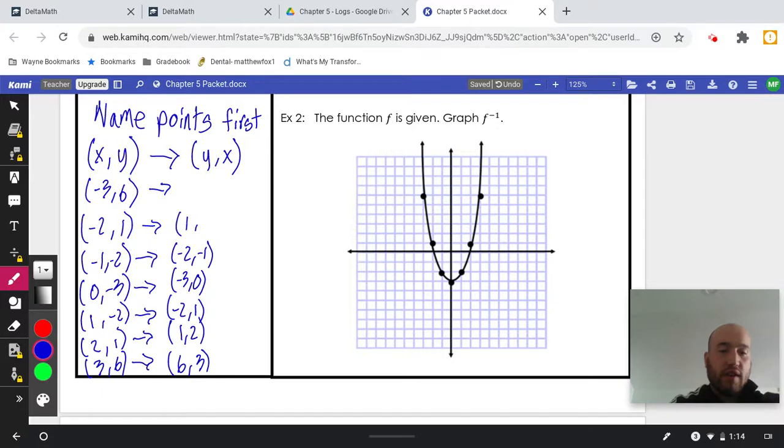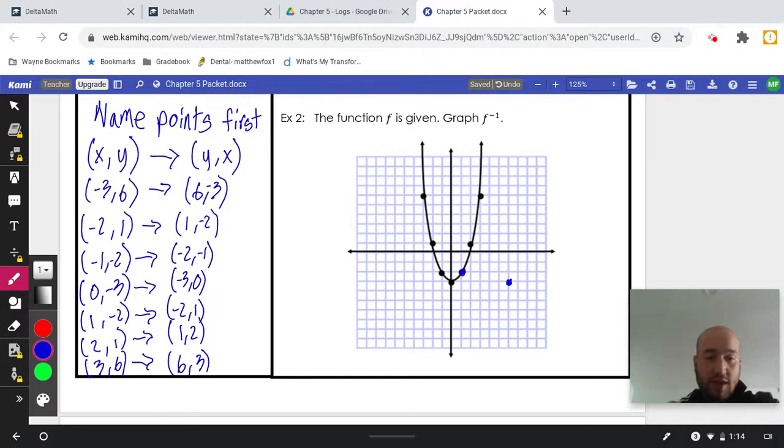And then after we get them flipped, all we have to do to finish it out is graph our points. So (6, -3): over 6, down 3. Then (1, -2). That point already existed.